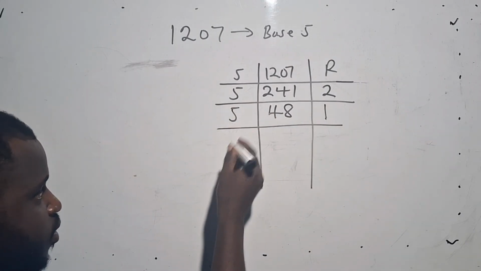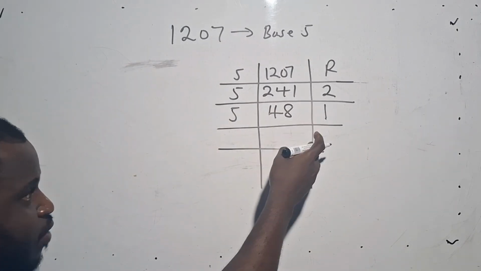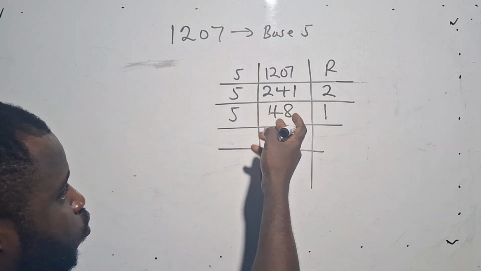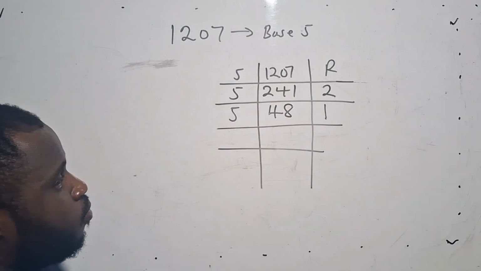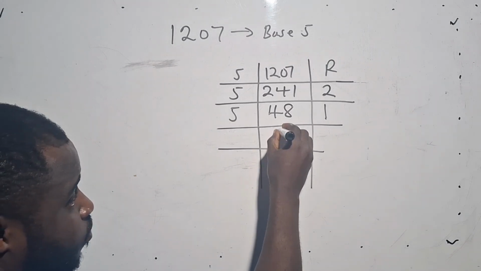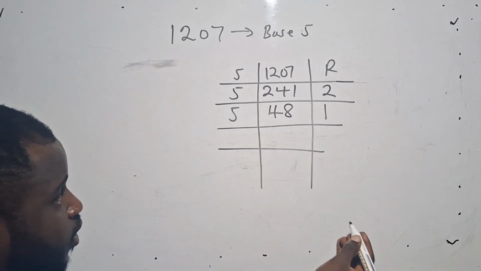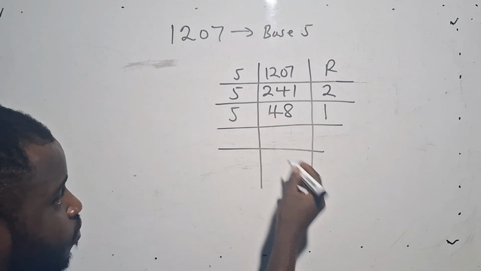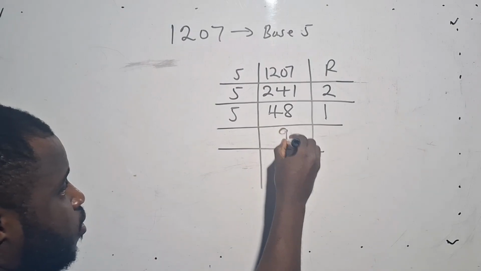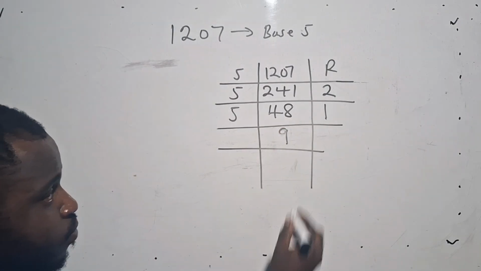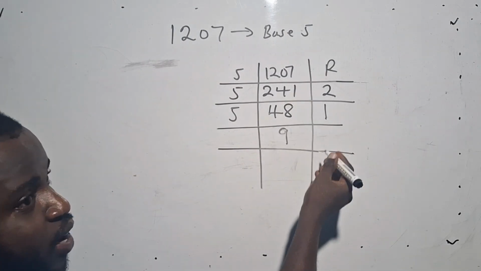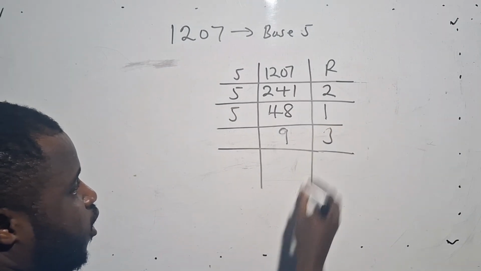Now 5, this figure looks small. So 5 can go into 48 how many times? 9. Yes, because 5 nines are 45. So it will go here 9, 45. The difference between 45 and 48 is remainder what? 3.